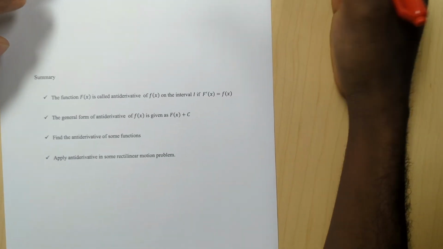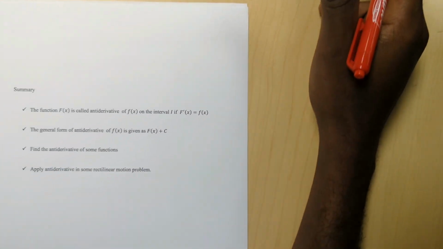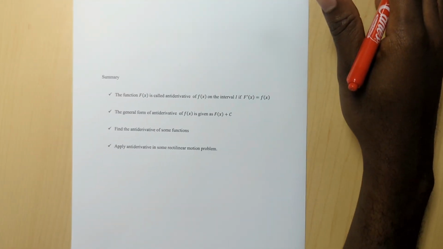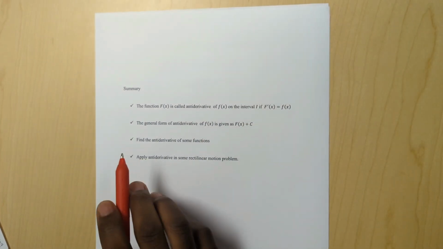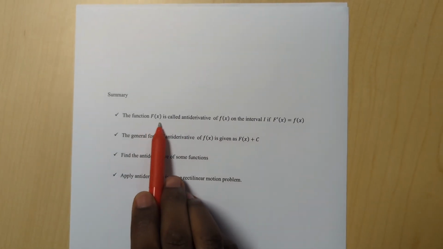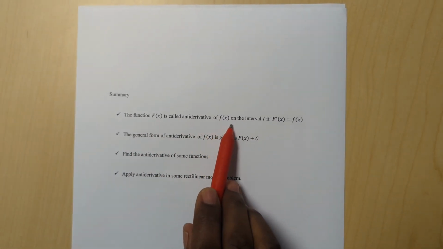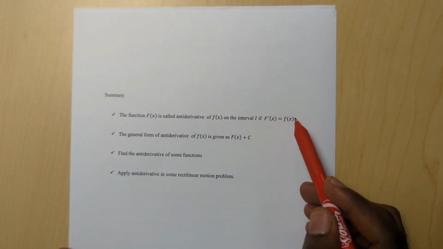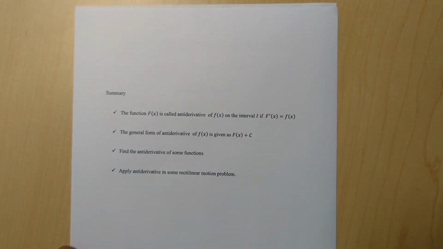So today, generally what we have been learning is the antiderivative and how to apply the antiderivative in solving some rectilinear problems. So we said that if a function capital F of s is called an antiderivative of f of s on the interval I, then it means that the differential of that function is equal to the function under discussion.